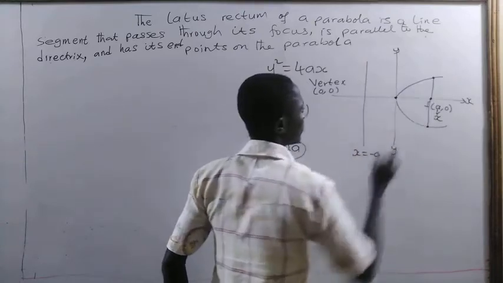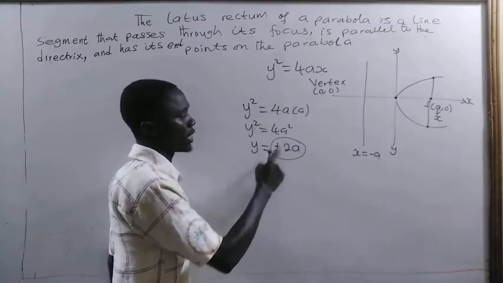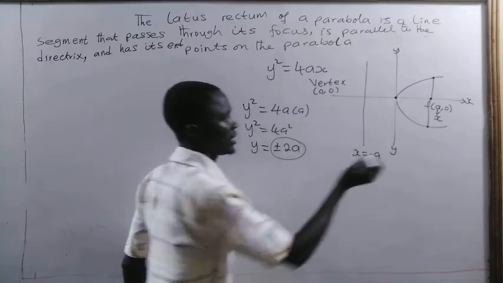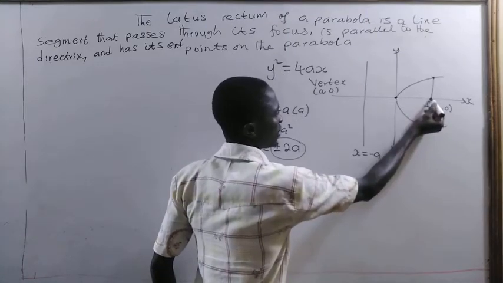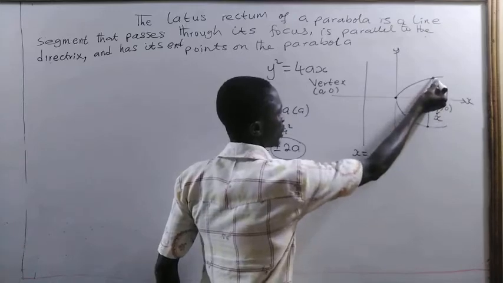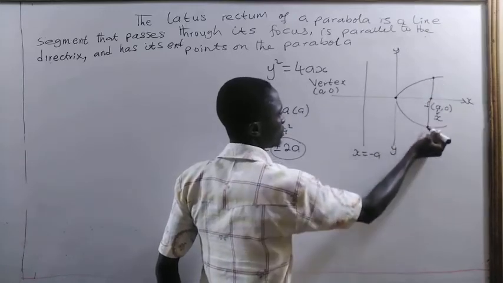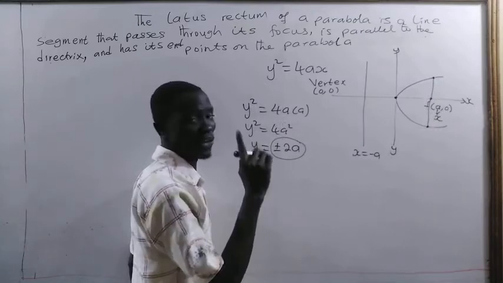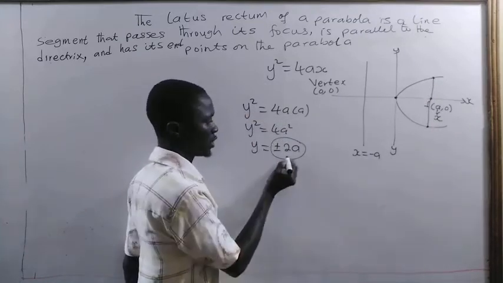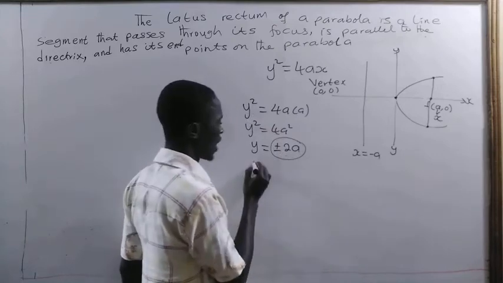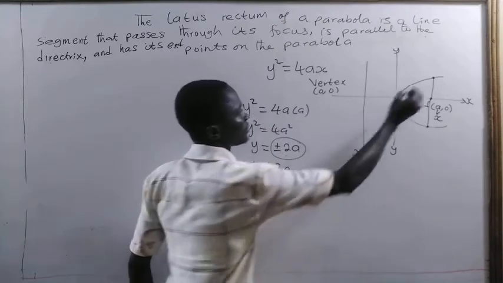So now, this y equals plus or minus 2a shows that if x equals a, then what will be the corresponding y value? The corresponding y values are what we've had here. So we are going to have y equals 2a.